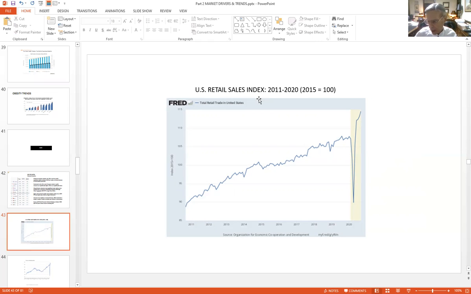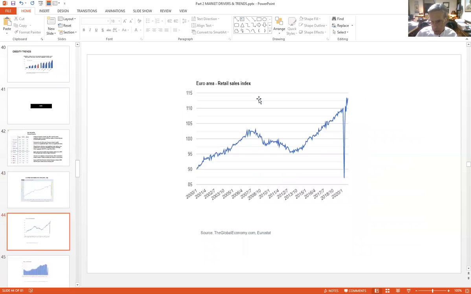However, retail sales have recovered and continue to grow because of the explosion of disbursements by the US government to offset the effects of the pandemic. And you can see that apparently those disbursements have more than offset the effects of the pandemic.